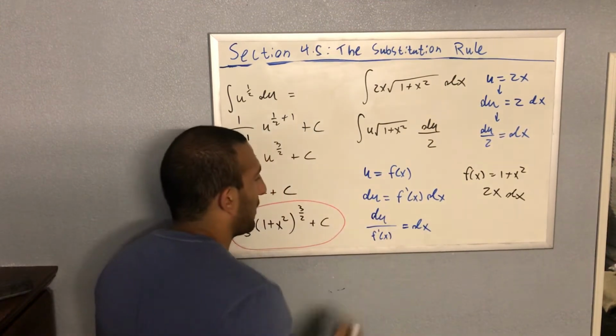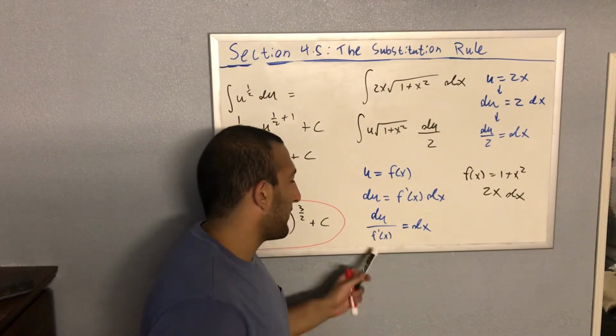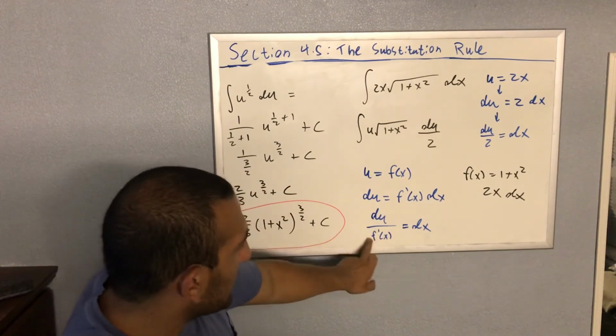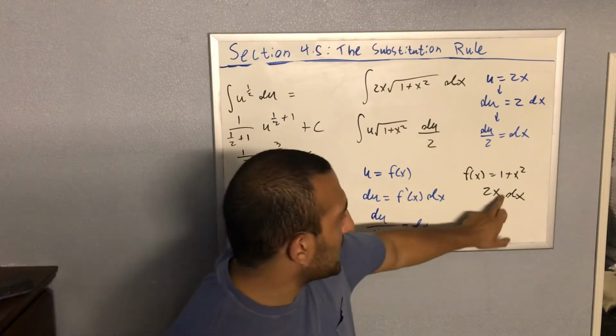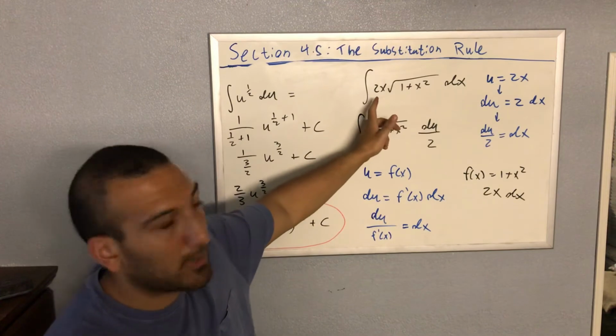So the old dx is going to get replaced with du over f prime. This is the guy that needs to be canceling out with stuff. And see, f prime is 2x. That cancels out perfectly with the 2x here when you divide by it.